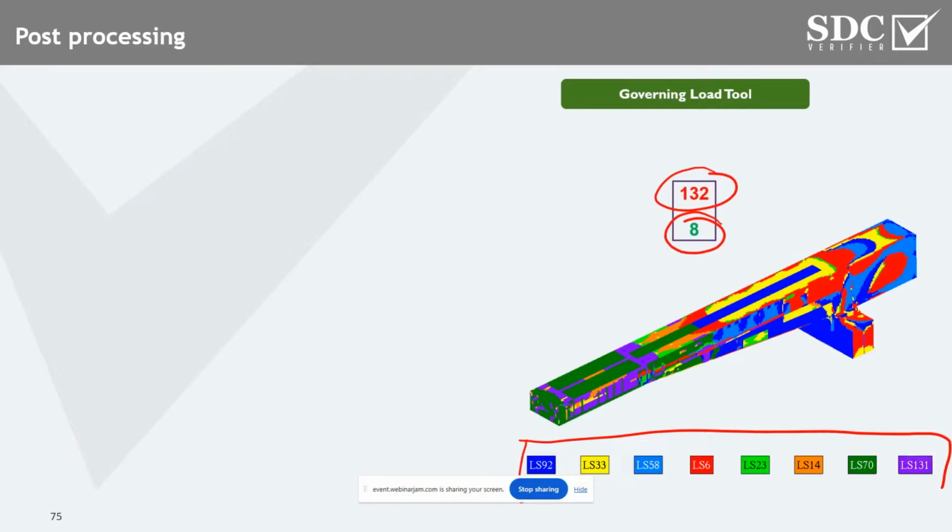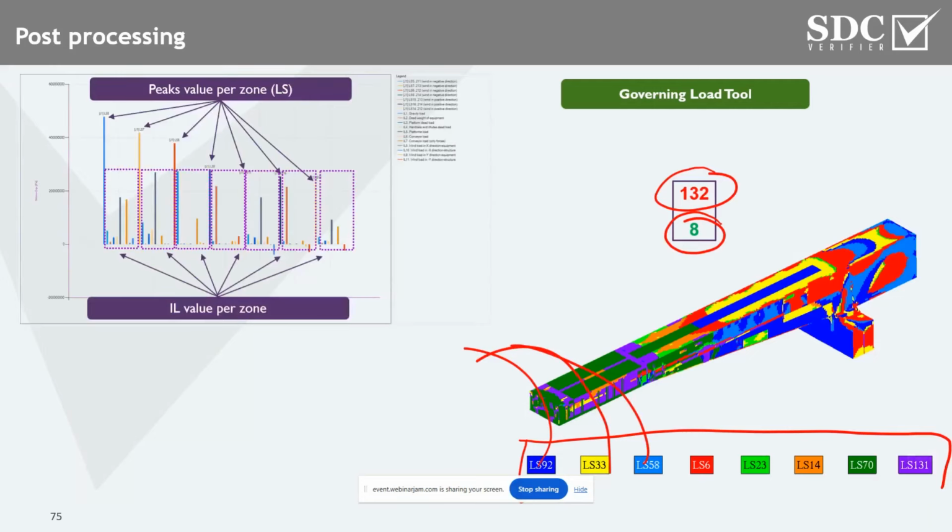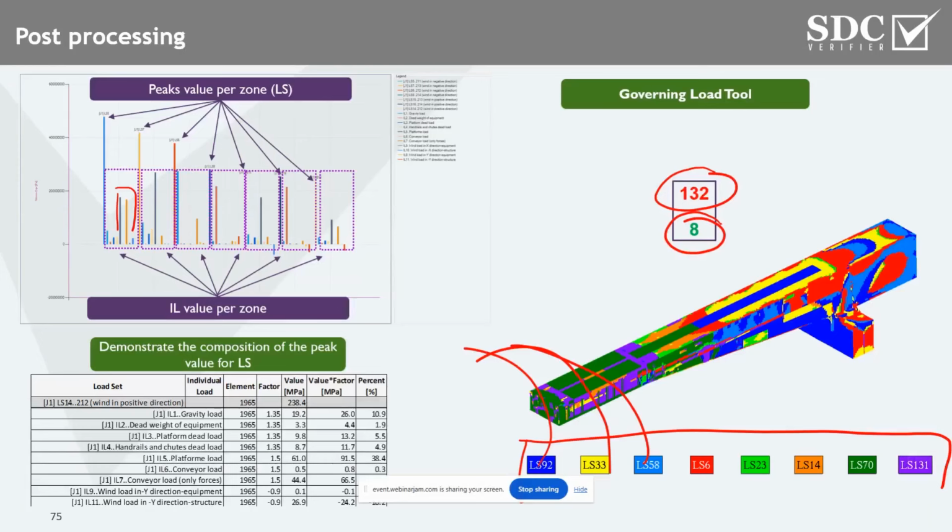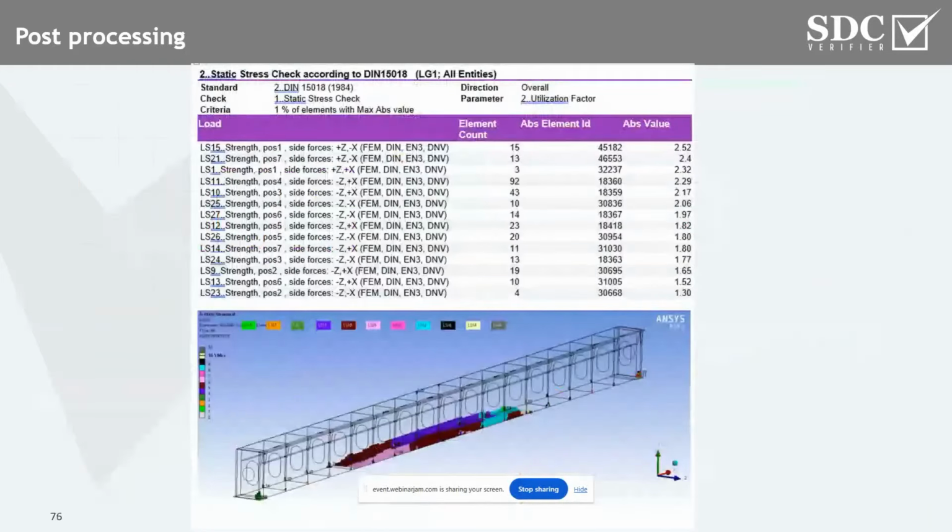So these load cases are causing the maximum values. What I can do is highlight for every single load case the individual influence of the loads. I see how much stress is coming from own weight, from hoisting load, from wind, and so on. And I can, of course, generate tables highlighting the percentage influence, like 38% came from the platform load in this case.